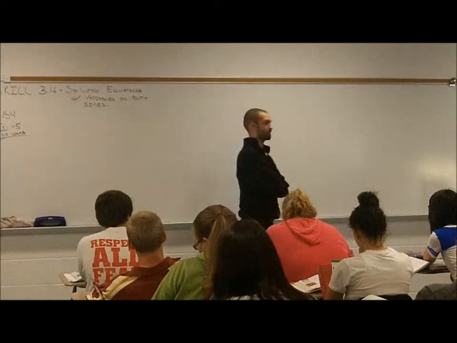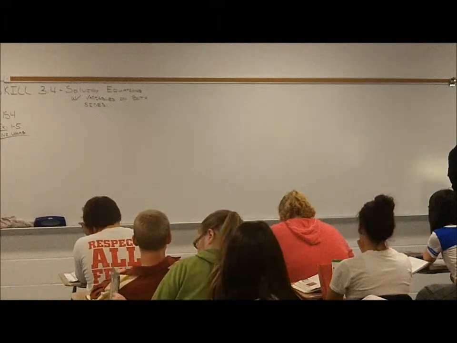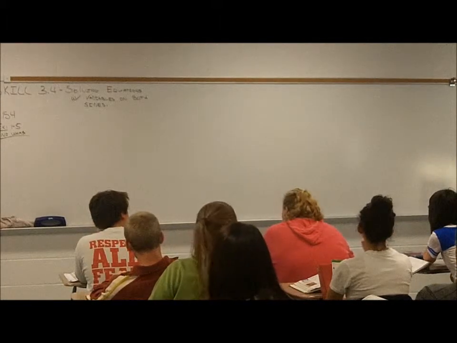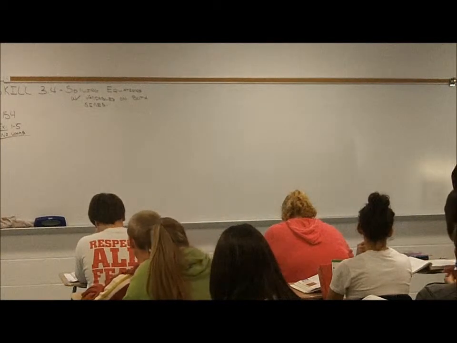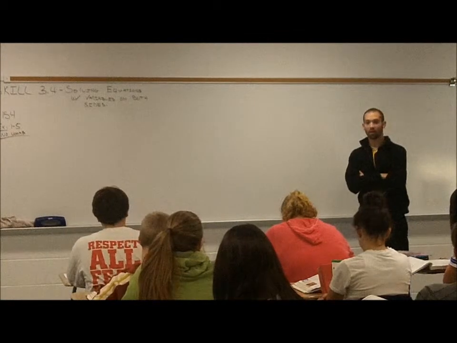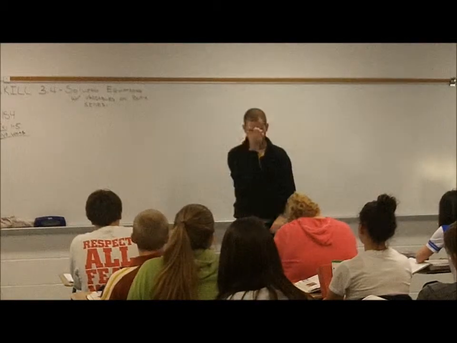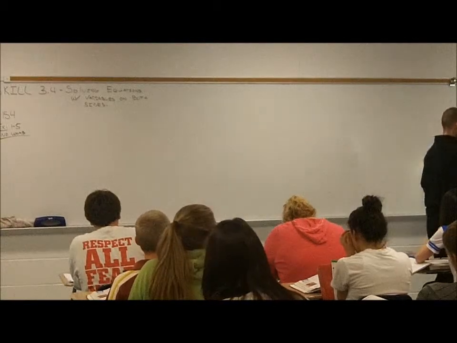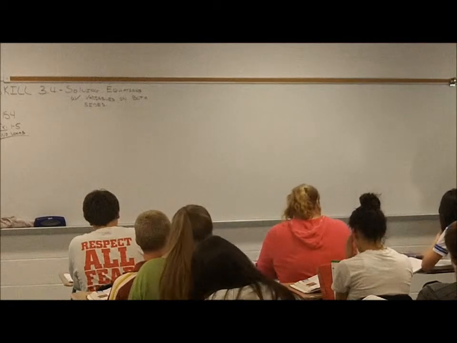What does it look like to have variables on both sides? There is a variable on each side of the equal sign. Okay? So let's take a look at what the equation would look like with that scenario.